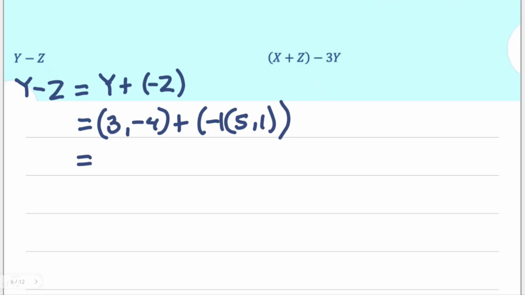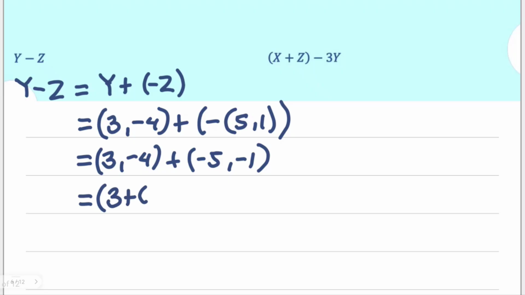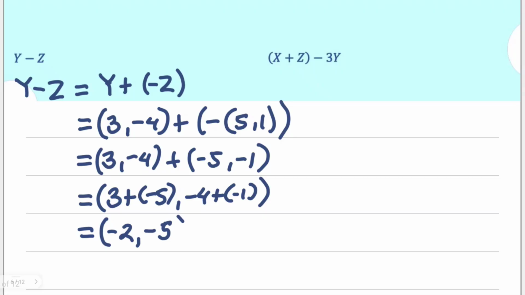We know that already as one of the properties of scalar multiples in a vector space. So you have here 3 and negative 4 plus negative 5 and negative 1. And then you can simply add them: 3 plus negative 5, negative 4 plus negative 1, which gives us negative 2 and negative 5. This is y minus z.